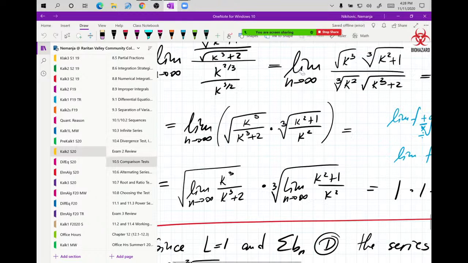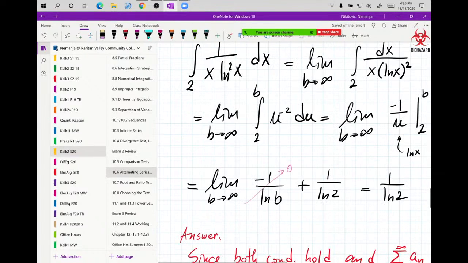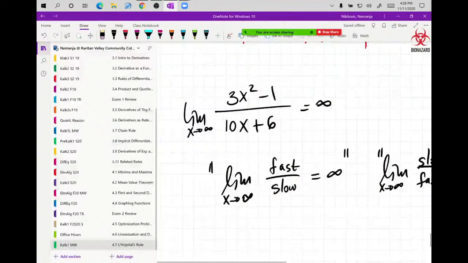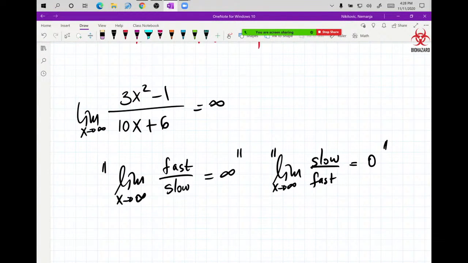Chapter 10.5, limit n goes to infinity. Chapter 6, limit, I don't need to scroll. I just get to poke, and every single limit goes to infinity. So if you know these very helpful shortcuts, your Calc 2 life becomes a little bit nicer and easier.